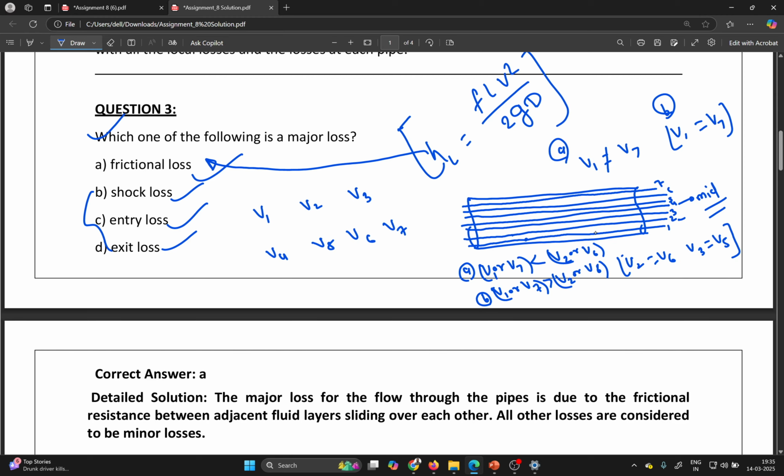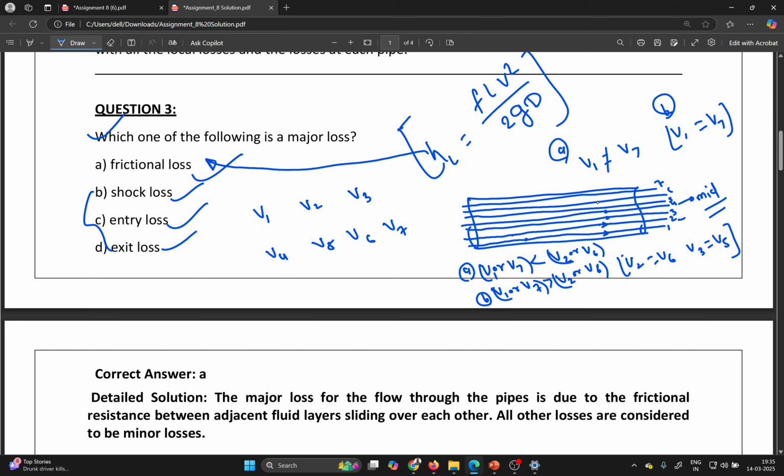So this is clear to all of you. Now just try to understand, if something is moving in this direction, then what will happen? This layer will try to reduce the velocity of this layer, and this layer tries to reduce the velocity of this layer, similarly from these directions.